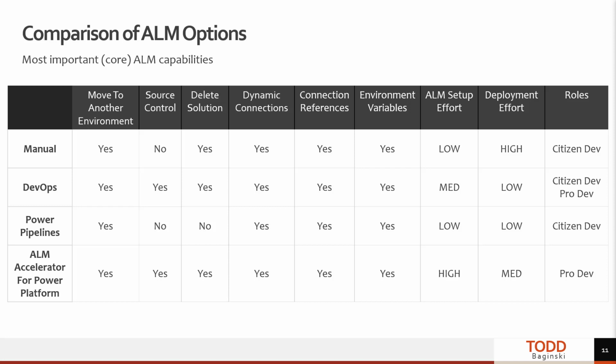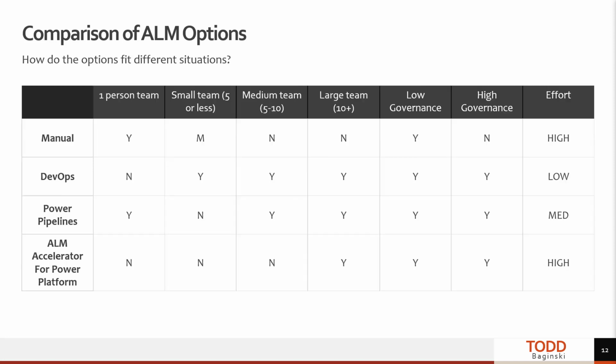And as you look through them, you can just see which ones would be better for whatever you need to do, the size of your organization, and what to expect or what they do well. Now, as we come down and look at it another way, how do these options fit different situations?